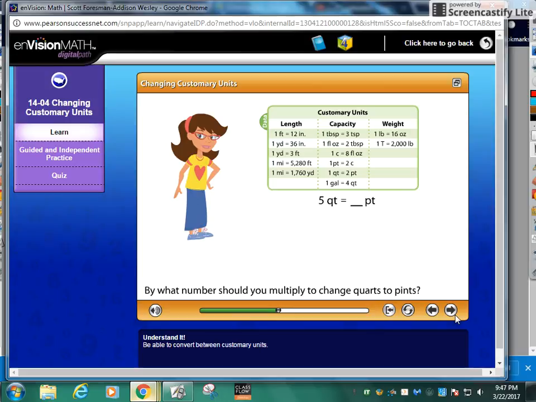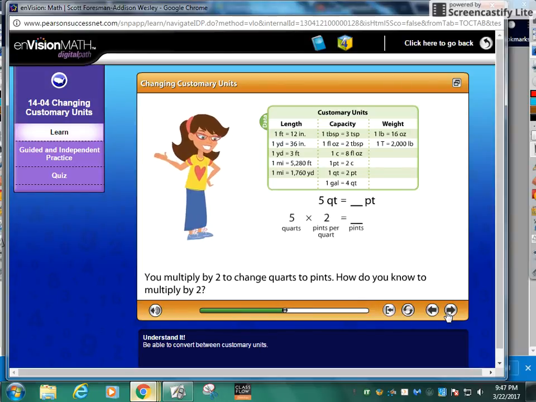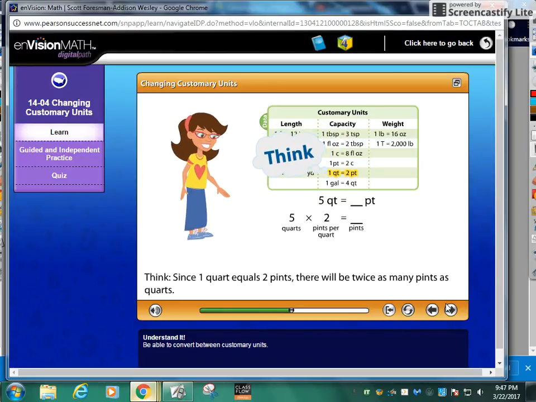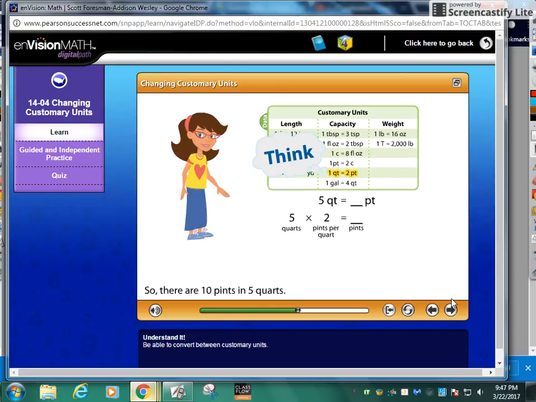How many pints are in a quart? You multiply by 2 to change quarts to pints. Think, since 1 quart equals 2 pints, there will be twice as many pints as quarts. So, there are 10 pints in 5 quarts.